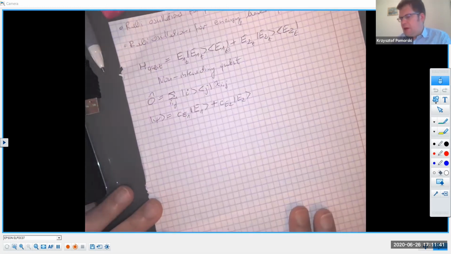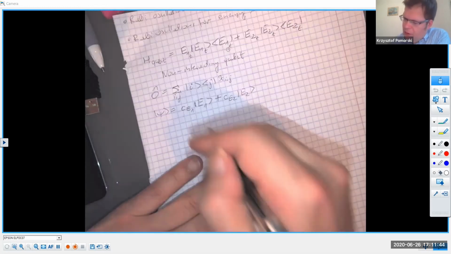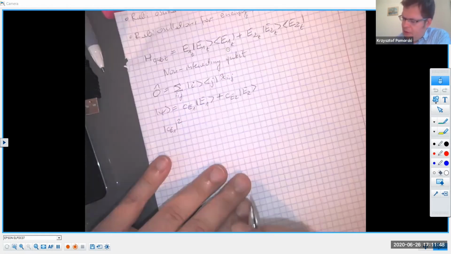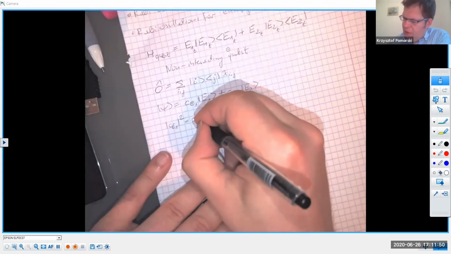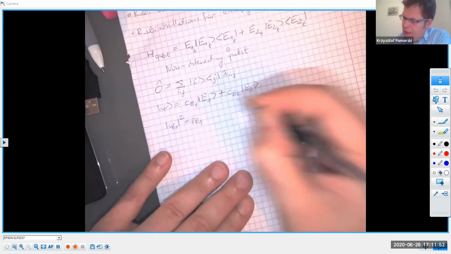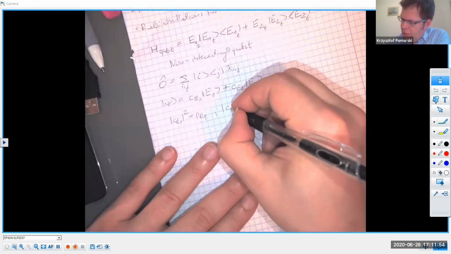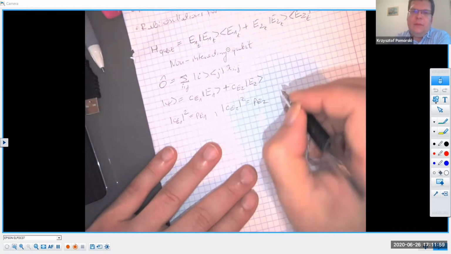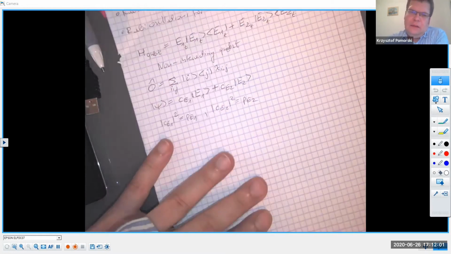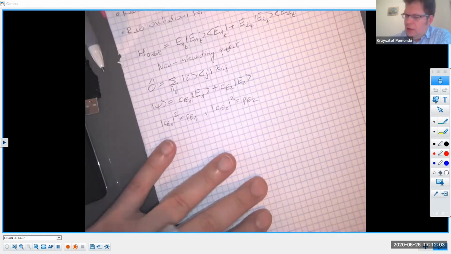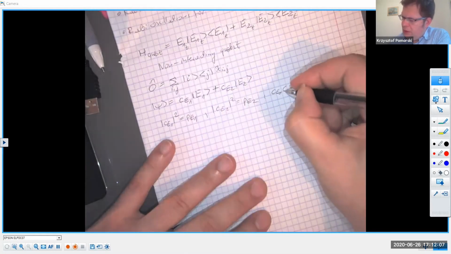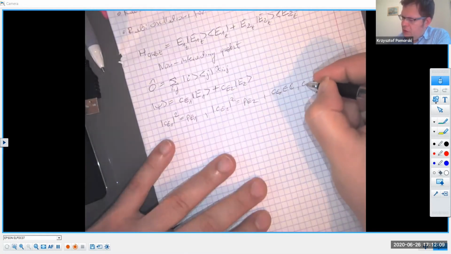And more specifically, you have a situation where C_E1 squared is the probability of occupancy of energy level 1, and C_E2 squared is the probability of occupancy of energy level 2. And these are complex values. So C1 is complex and C2 is complex.